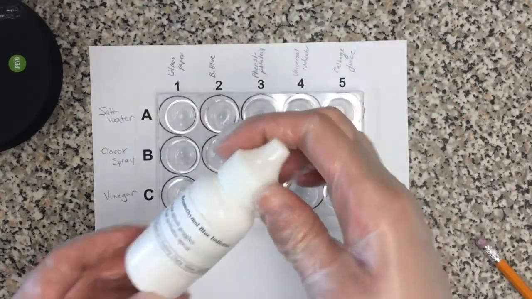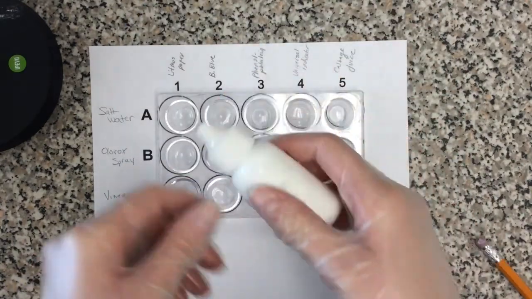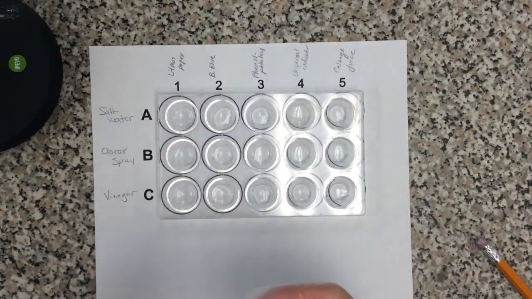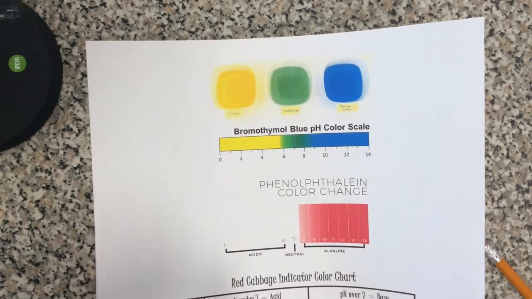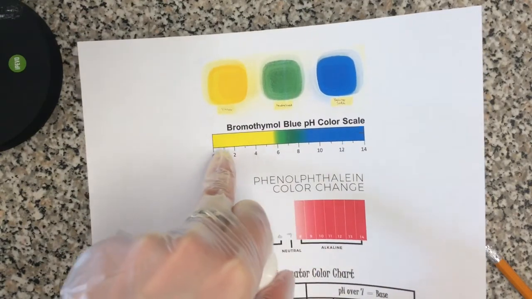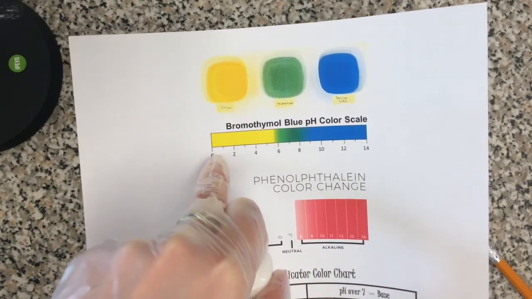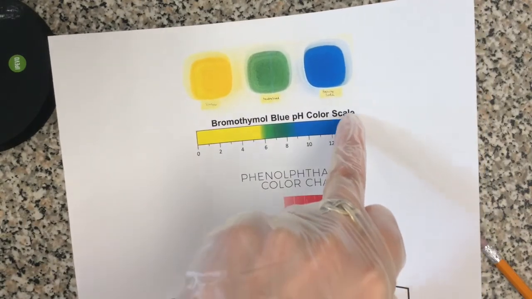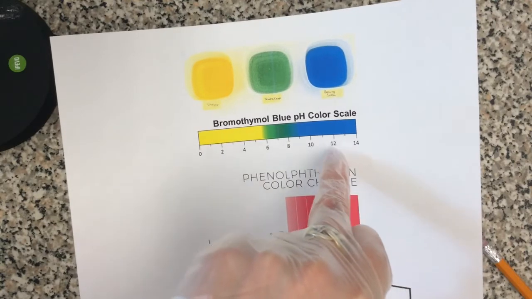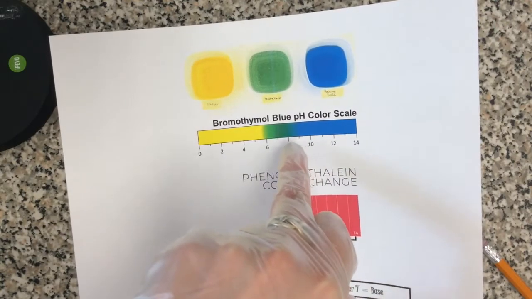Next up is our blue indicator. Okay, and just a nice reminder, right? Pause the video right now if you would like to remember that an acid is going to be yellow. It has a pH of around 0 to 5.5. Bases are blue with pH of 14 to about 9.